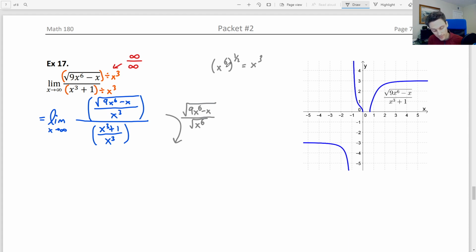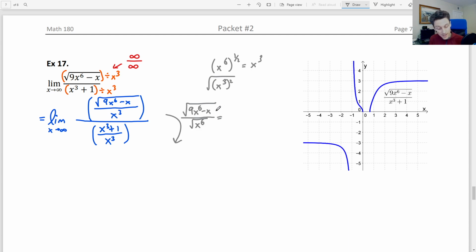Or another way you can think about it is like this. If you have the x cubed and you apply a square and then a square root, those two are going to undo each other, and you just get the x cubed. But what we want is to leave that radical there. So simplifying the inside, we get x to the 6th.